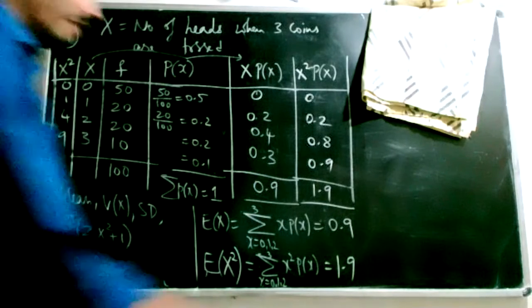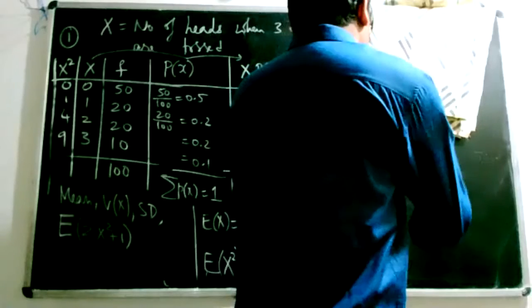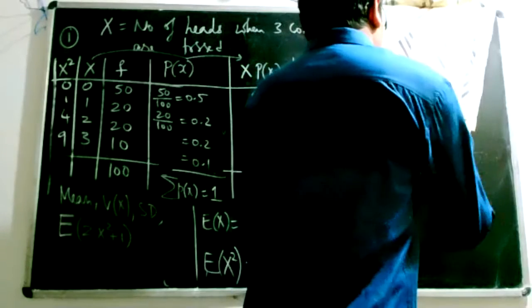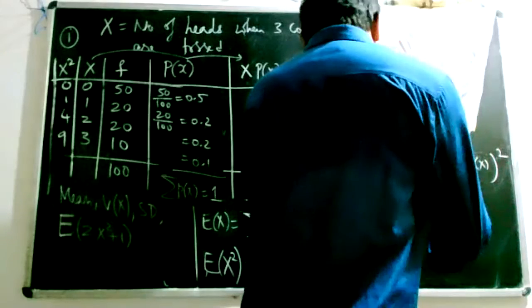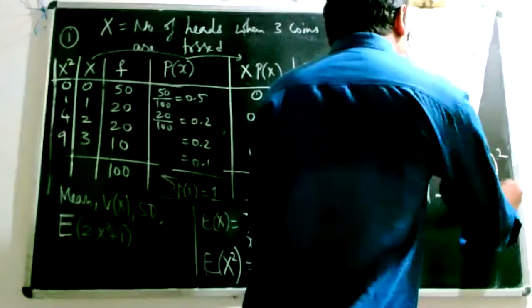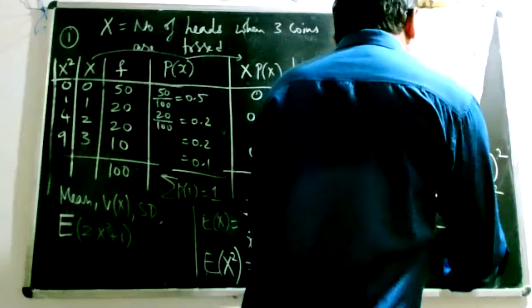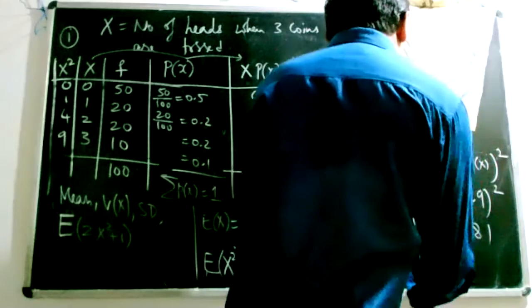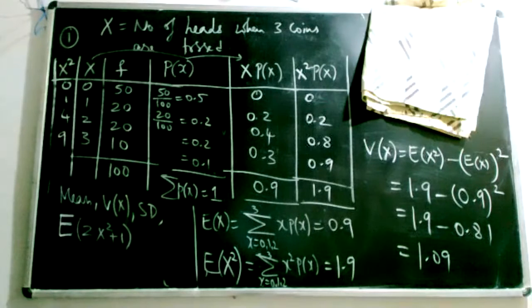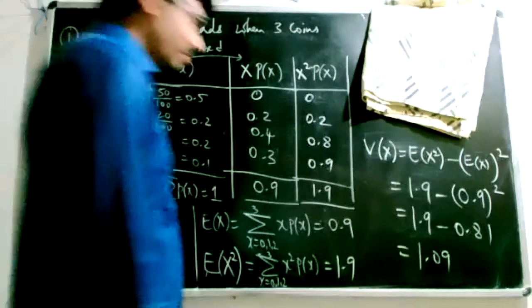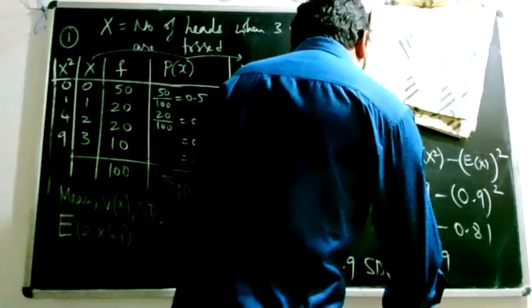Now computing the variance and standard deviation. Variance is given by expectation of x square minus expectation of x whole square. So it will be 1.9 minus 0.9 square, which comes to 1.09. That is the variance. Now we compute standard deviation. Standard deviation is square root of variance.